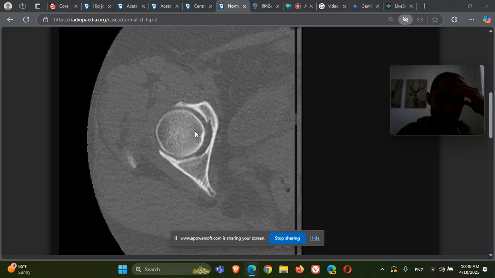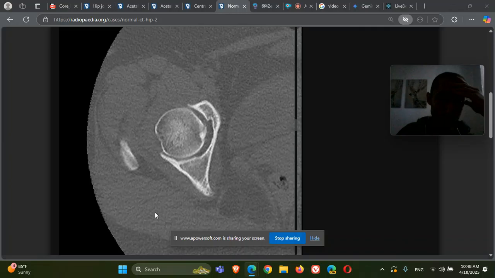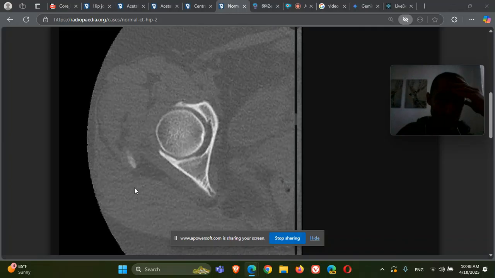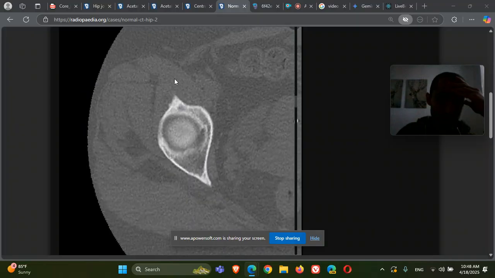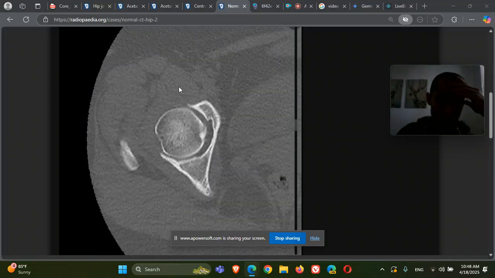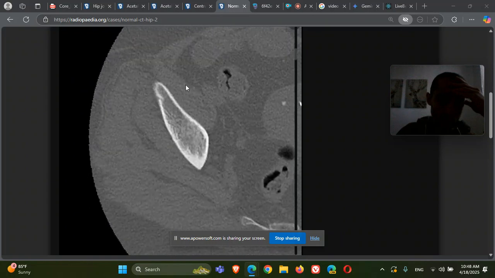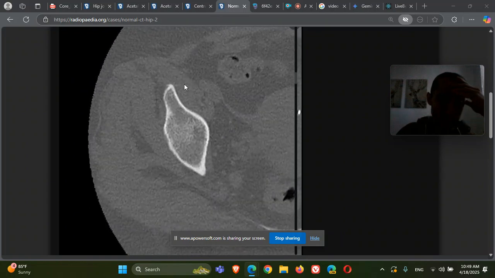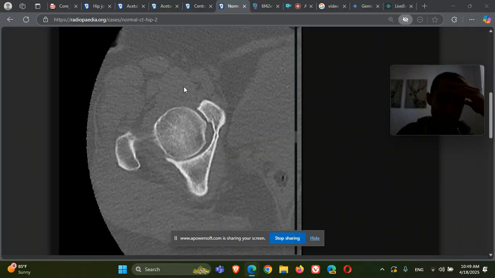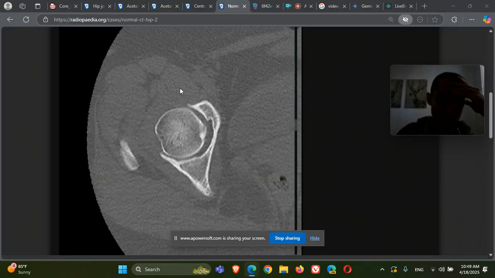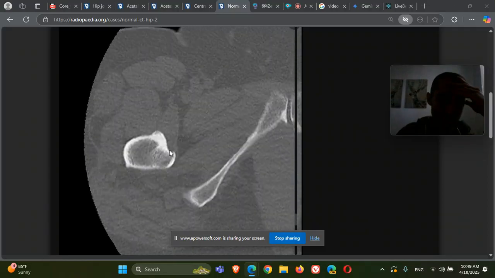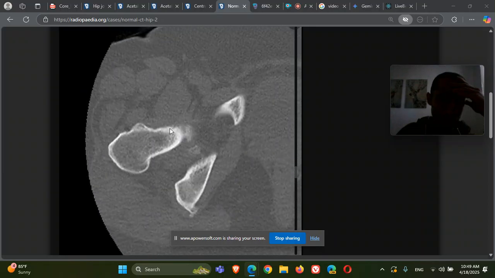Okay, now for a little bit on the muscles, you can see a very big muscle here. This is the gluteus maximus. You can see this muscle right over here, the iliopsoas, again coming from two muscles, the iliac muscle and the psoas muscle coming together to be the iliopsoas and inserting in the lesser trochanter.